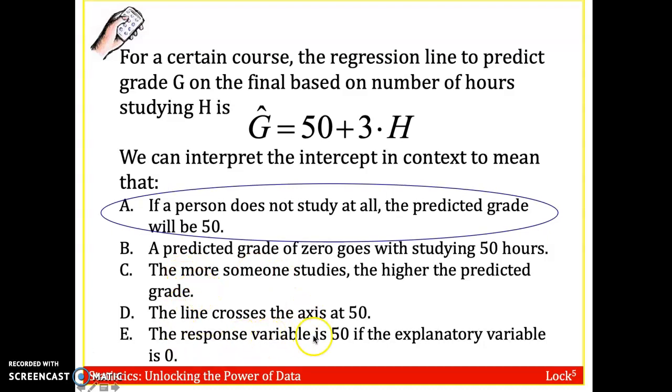And the response variable is 50 if the explanatory variable is 0. E is correct, but not a good interpretation of what the variables mean. So again, A is correct, C is correct, and E is correct. All true statements, but C and E are not good interpretations, and B and D are both completely incorrect.